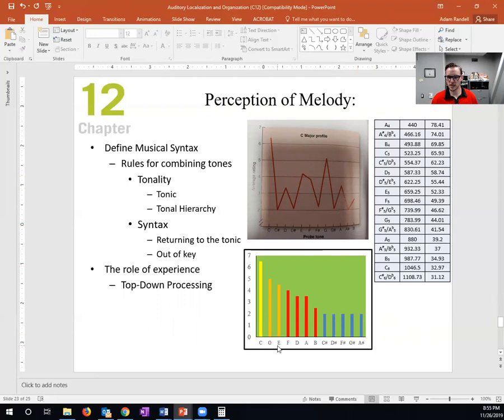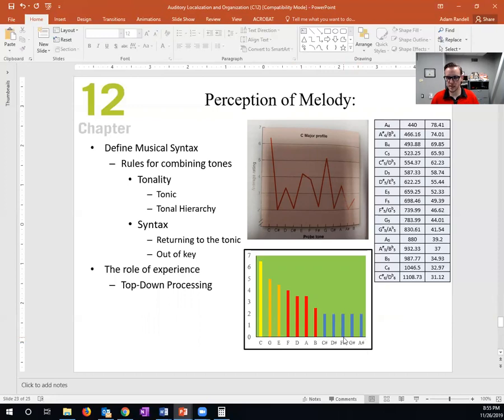So C, G, and E are three parts of a chord. The notes that belong to a chord outside of the tonic are rated as the next most belonging to that scale. Then the other notes in the scale come next, and then the notes that aren't even in the scale drop out. People don't think that they're appropriate.